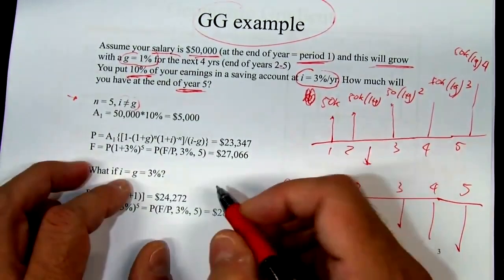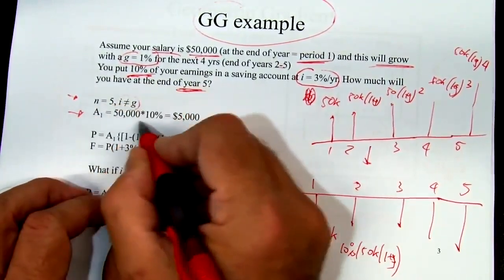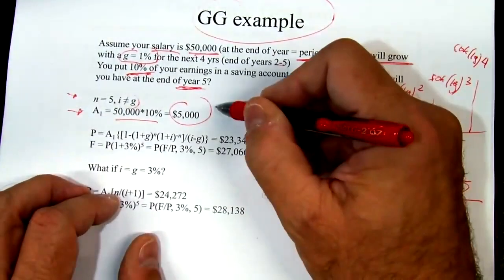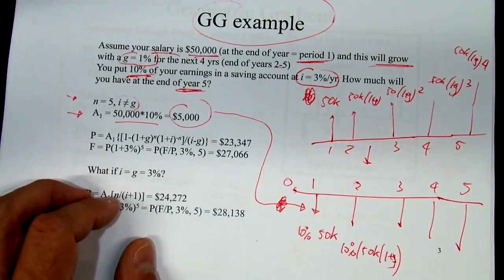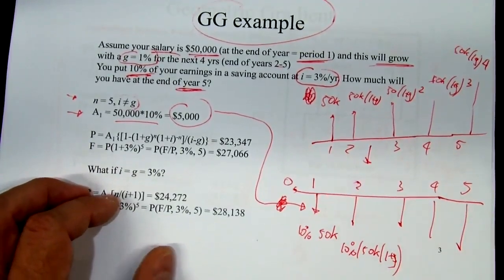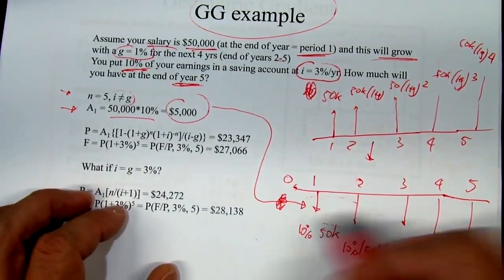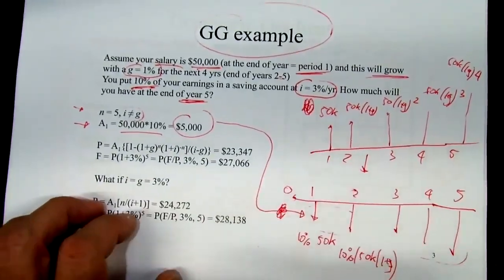What we know is that your first deposit will be 10% of 50K, so it's $5,000. So $5,000 is this arrow right here. And then what can we do with this? We know that these arrows, even though they are pointing down, follow a geometric growth, right?